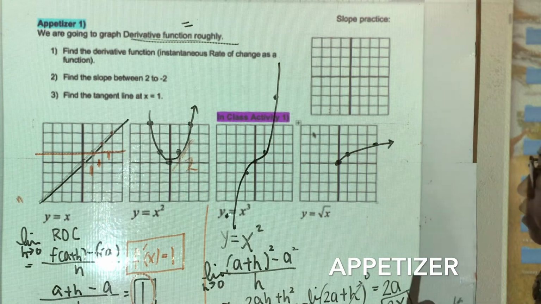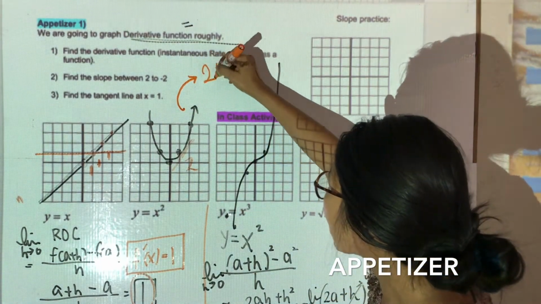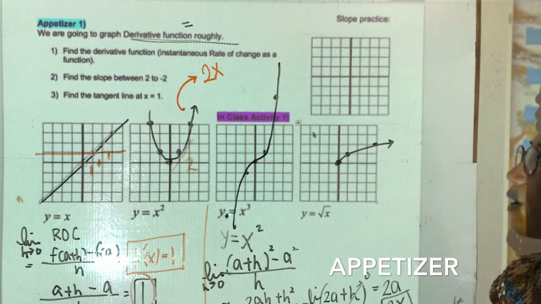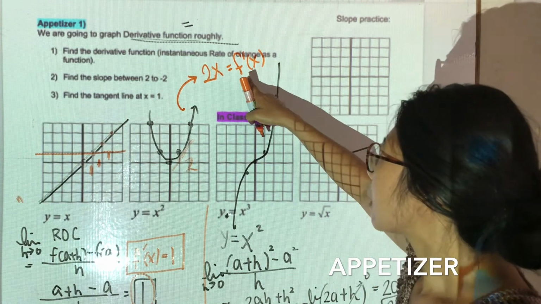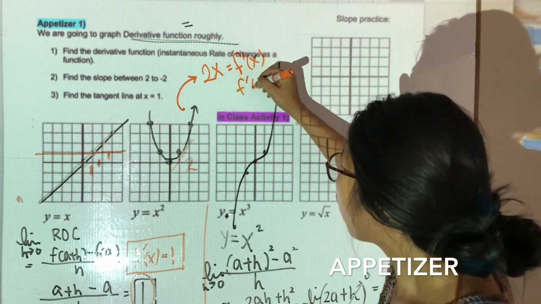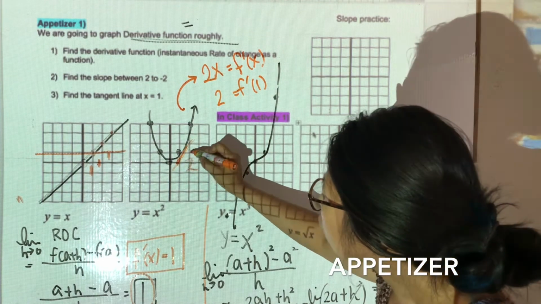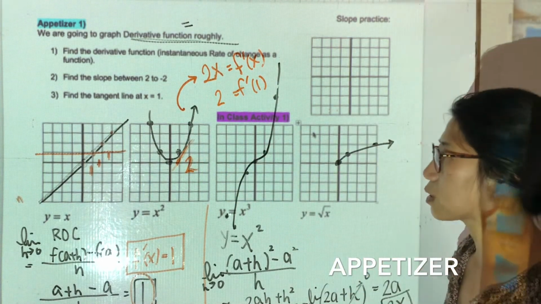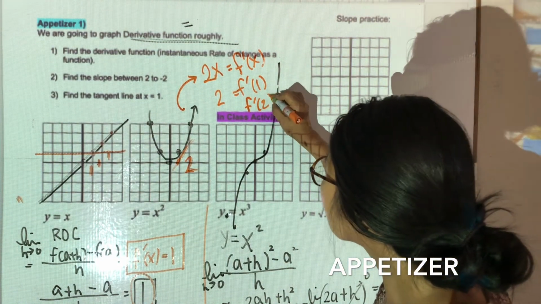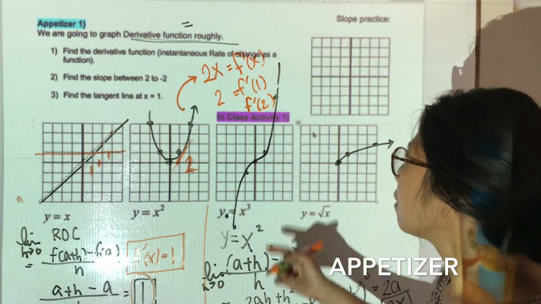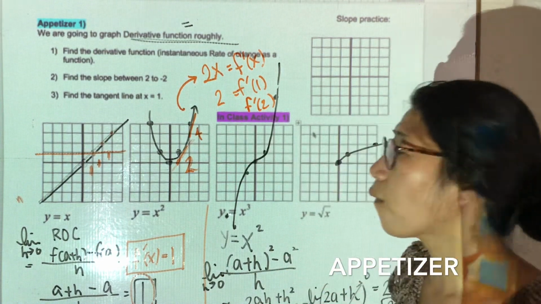Well, we found the function. This has a derivative function, which looks like 2x. Now I can find my slope everywhere. That means my slope at 1 is going to be 2 by plugging in, which we saw in the previous section. Now I want you to find what's the slope at 2. If I plug in 2, this slope is actually 4.